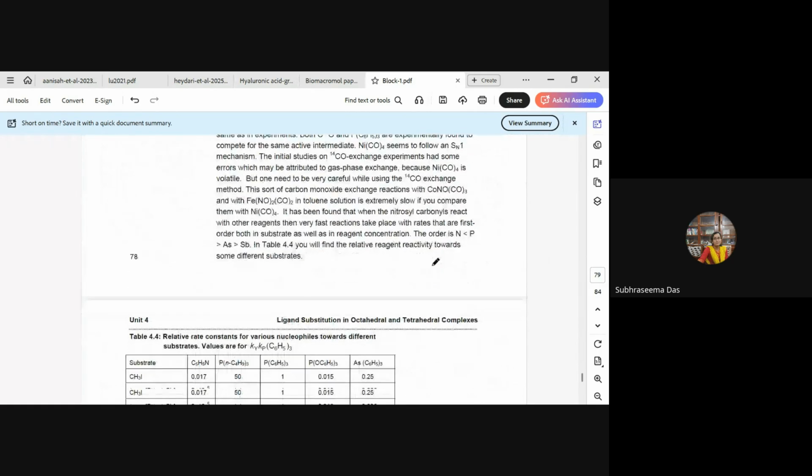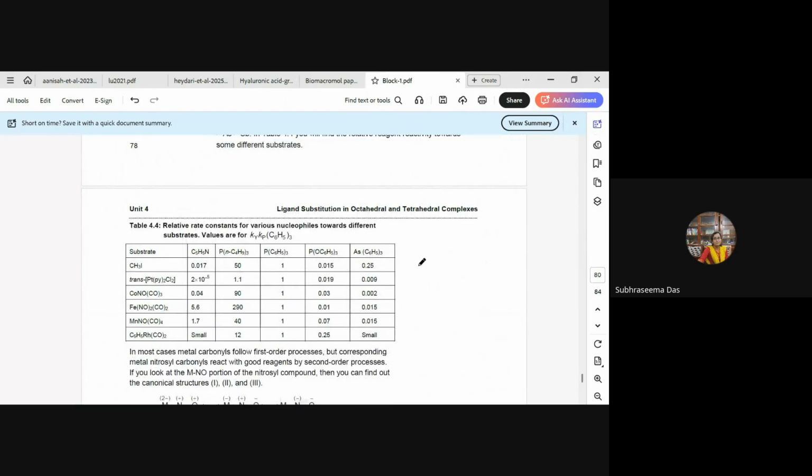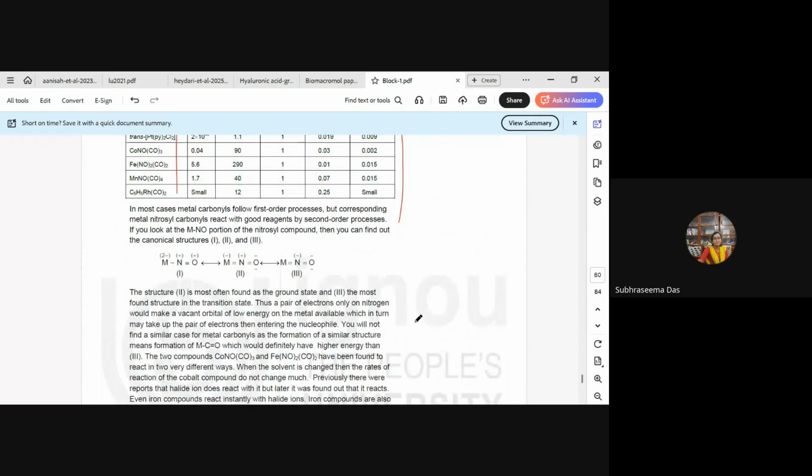In table 4.4, you can see the relative rate constants for various nucleophiles towards different substrates. They have been listed here. The metal carbonyls follow first order processes, or second order processes, but they are mostly labeled as pseudo first order.